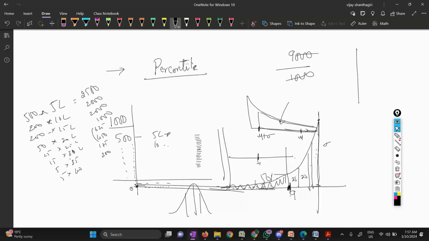If you take the mean value here, you will have a lot of points here, but then less here. Mostly people would be concentrated around the mean, and then the top ones will start decreasing. I understand.